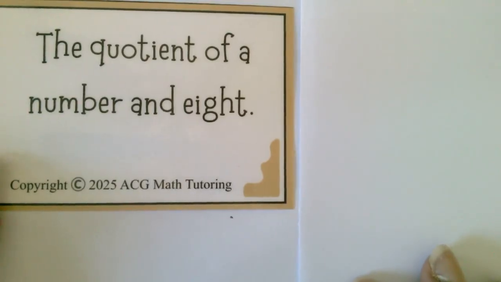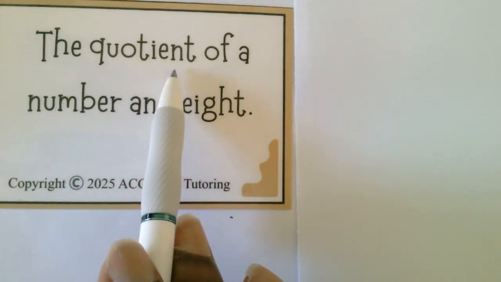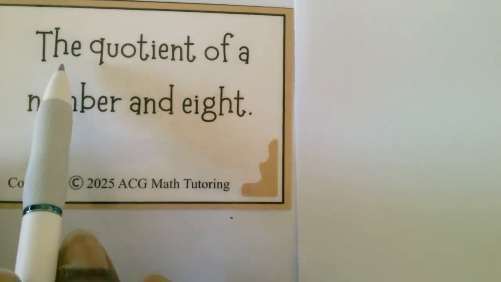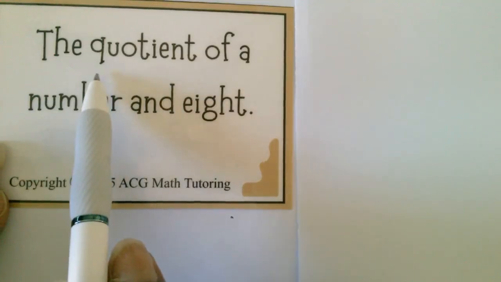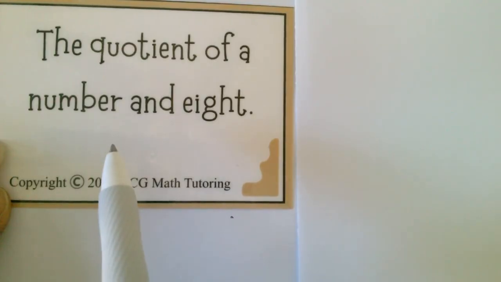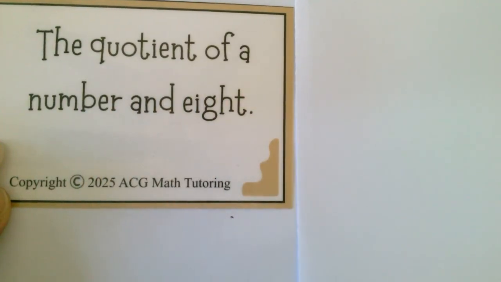All right, so I know what's causing the confusion. All we're doing is translating. Quotient means division. Anytime they say the quotient of, or the product of, or the sum of, or the difference of, that means you're doing that operation of two numbers.